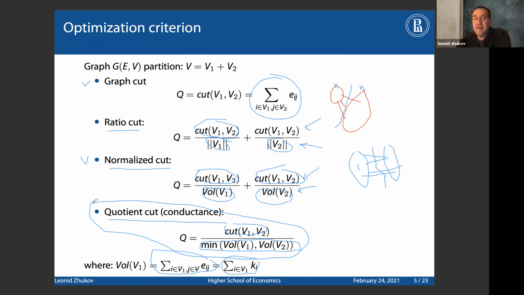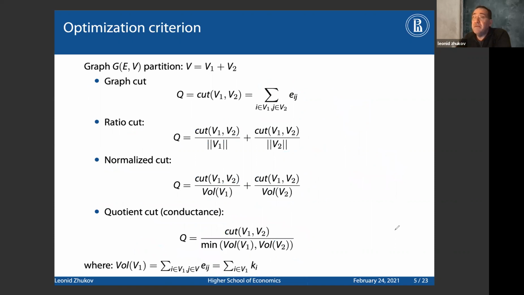This one, again, has very good theoretical properties, but it's not used a lot in algorithms by itself. Any guesses why? What can be wrong with this? In fact, there is nothing wrong with this metric, but since it has the minimum function, it's not differentiable, and so it's challenging for some algorithms to handle it.